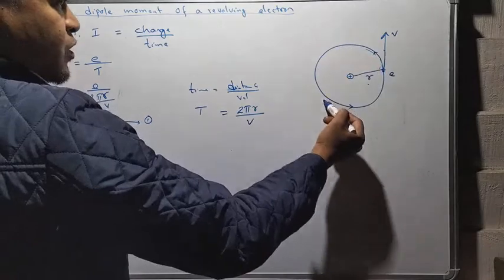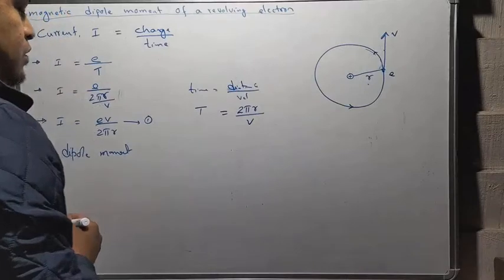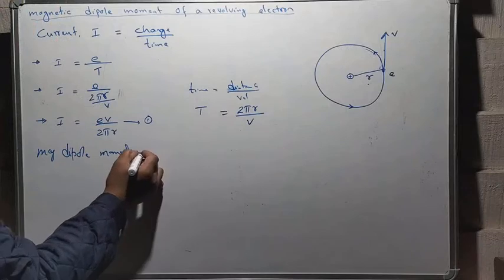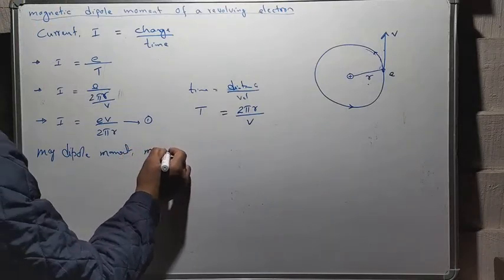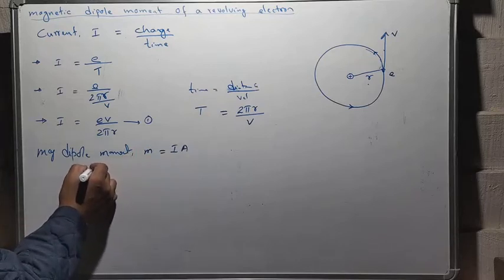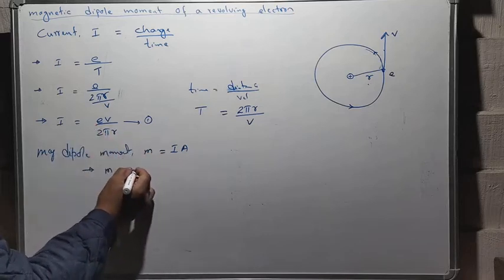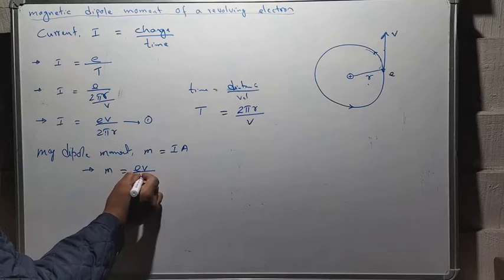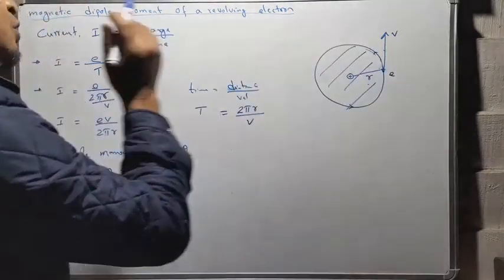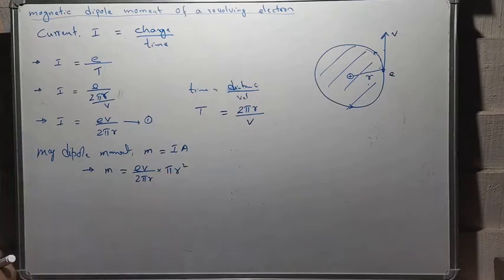The revolution of the electron around the nucleus is like a current carrying circular loop. For a current carrying circular loop, you have seen before that the magnetic dipole moment m is equal to IA. Instead of I, I will write ev upon 2 pi r, and A is the area of this circular orbit, which is pi r square.